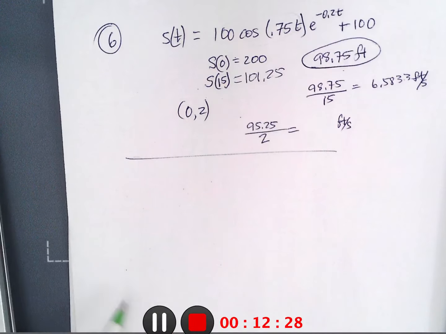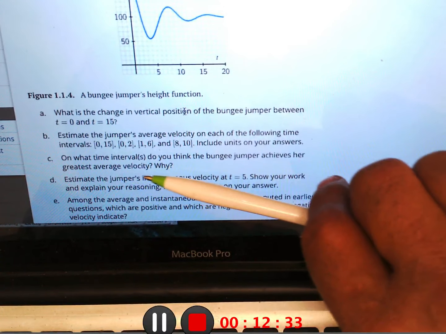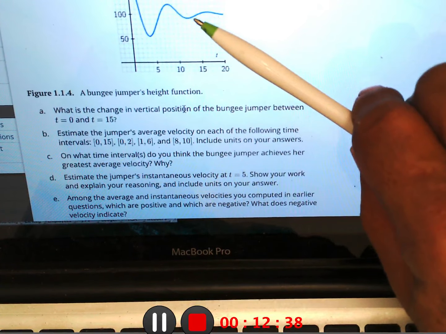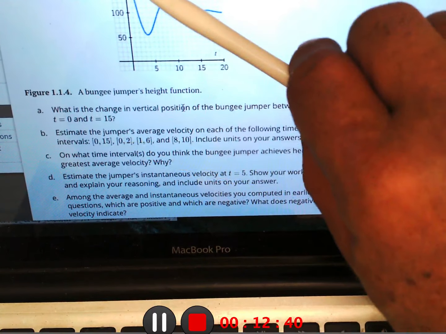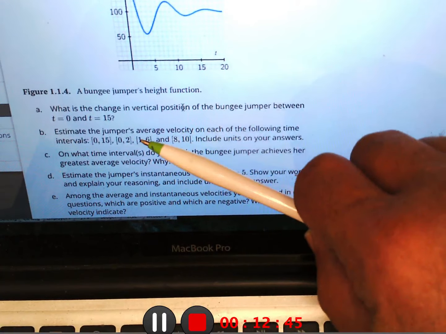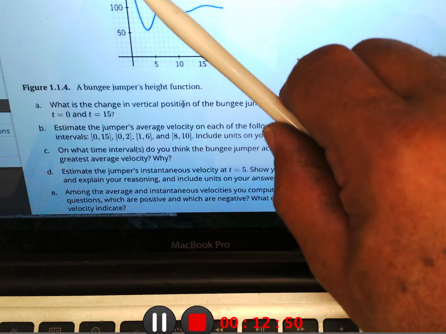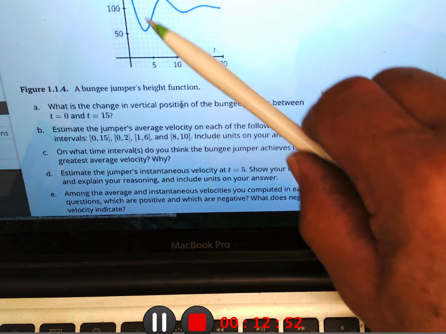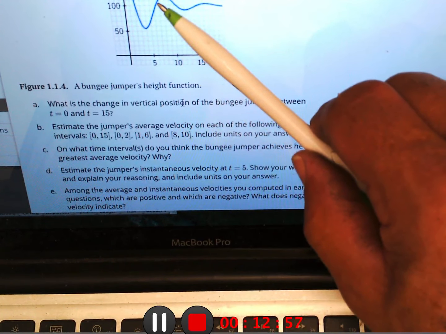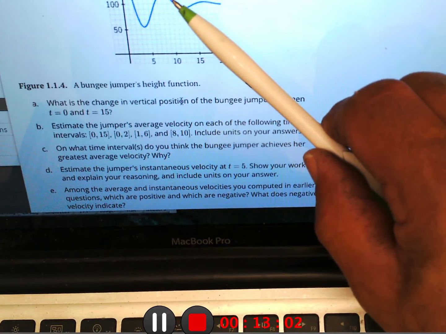On which interval do you think the bungee jumper has her greatest average velocity? 0 to 15 has a slope like this, that's negative. 0 to 2 has a slope like that, that's very negative. 1 to 6 is here, that's negative. And 8 to 10 is negative.